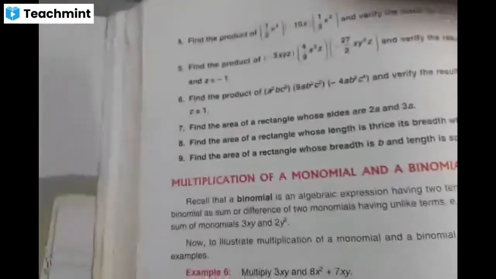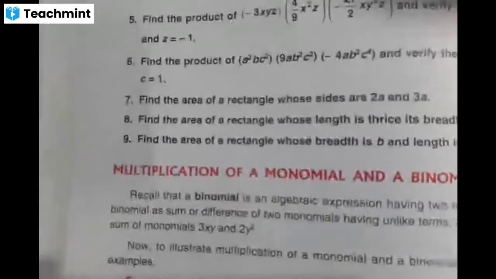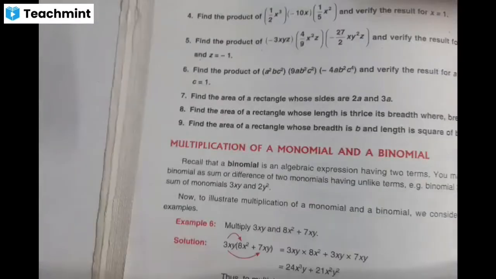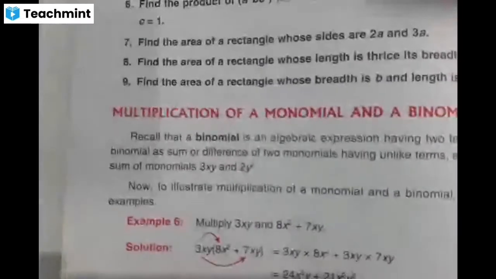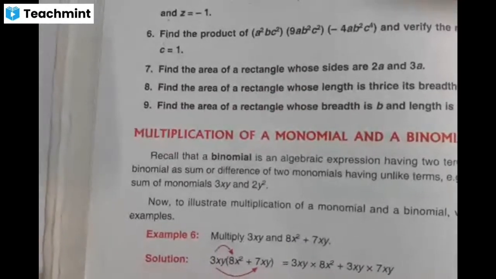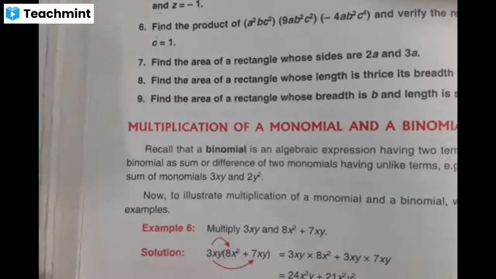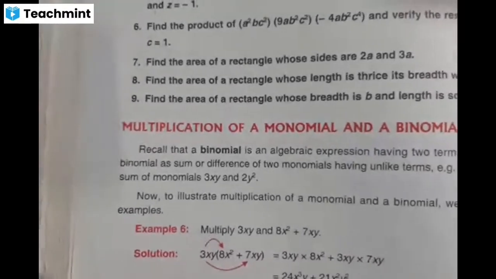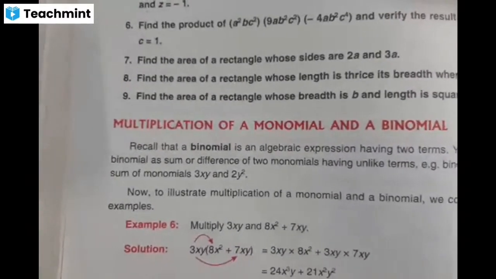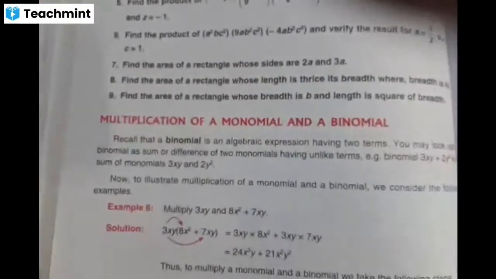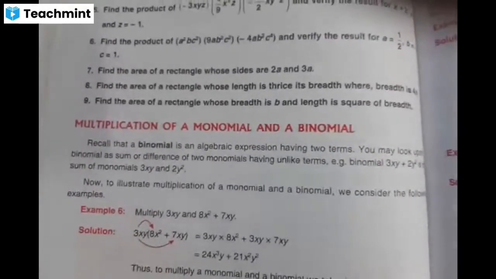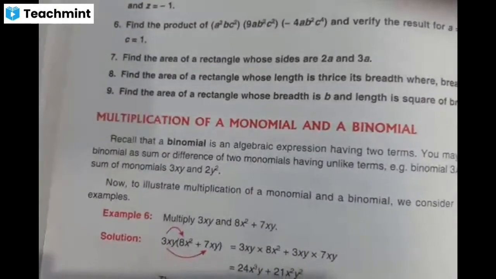Children, next question is, find the product of A square B C square and A square B C square into 9A B square C square into minus 4 A B square C to the power of 4, and also verify the result for A is equal to 1 by 2, B is equal to minus 1 and C is equal to 1.